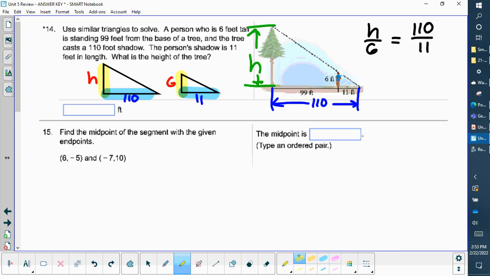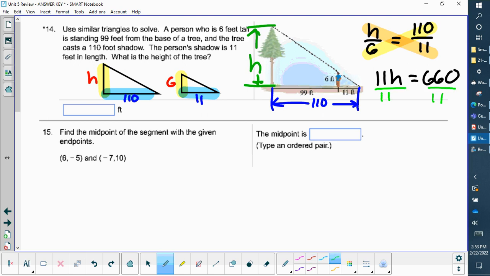Cross multiply. I get 11h equals 660. One-step algebra problem. And I get h equals 60.